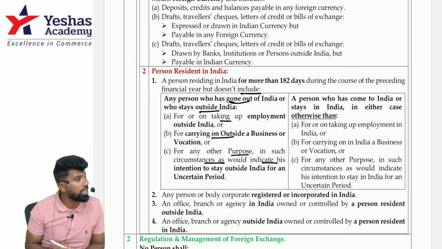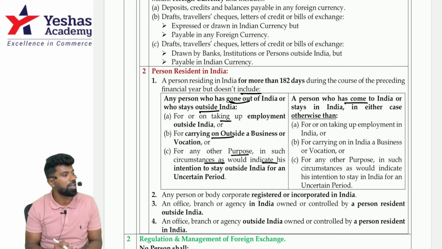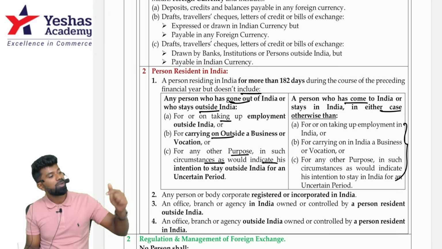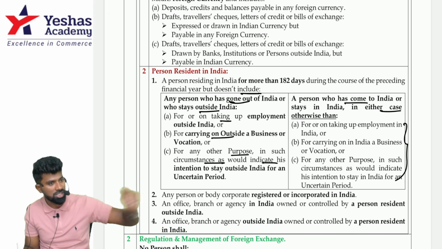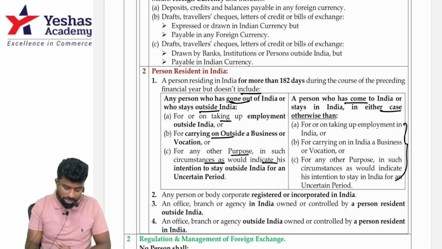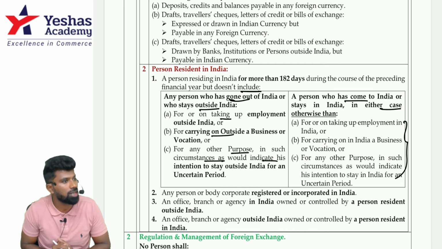It also does not include any person who comes to India or stays in India in either of the cases otherwise. But if a person comes to India for these three purposes, is he considered resident in India? Yes. Clear with this?